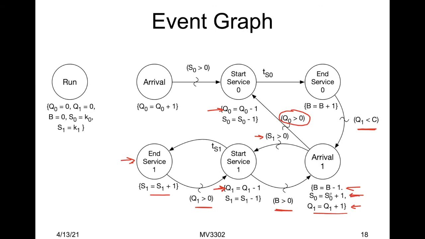Now we have an available server, which in turn will schedule a start service at the first one, which then will schedule an end service, et cetera. So one of the things we need to make sure about in our system is that when things are completely blocked up, there's a sequence of events that will unblock it. So that's what this does.